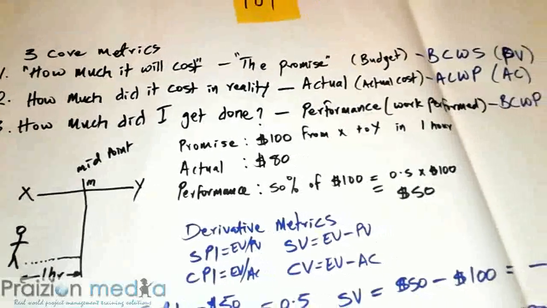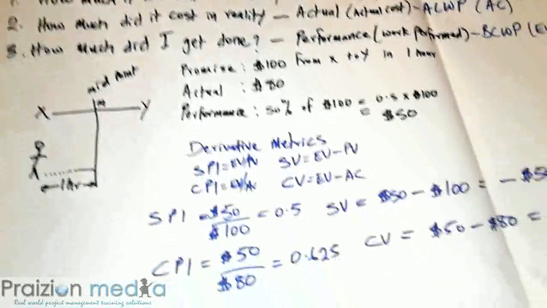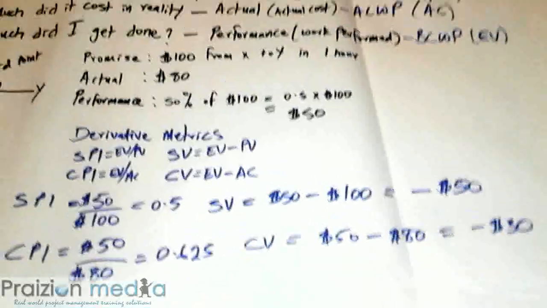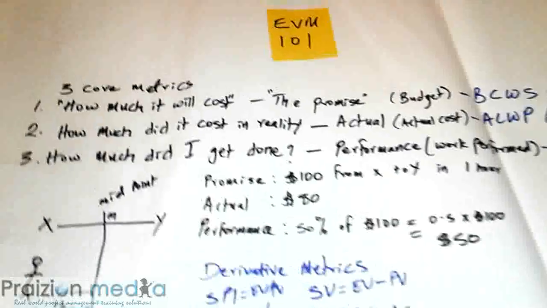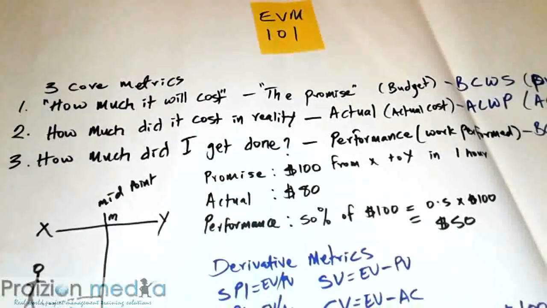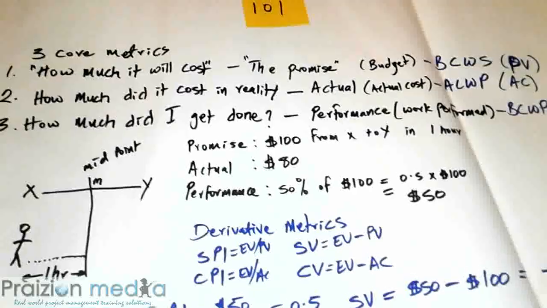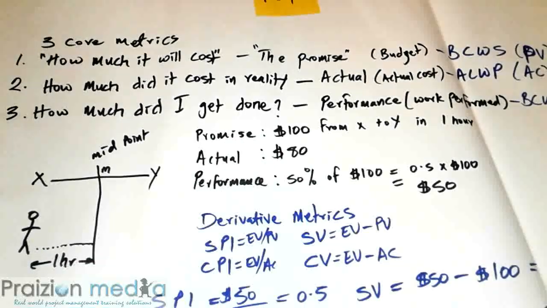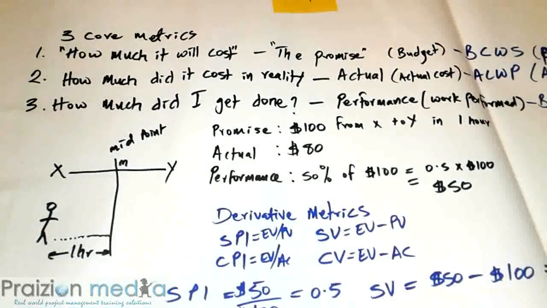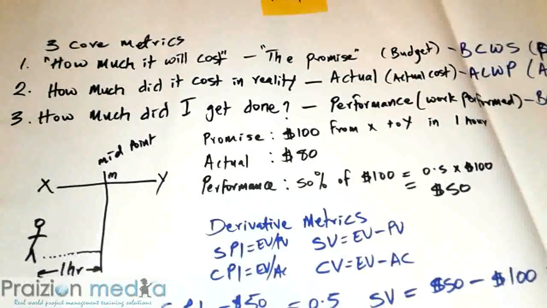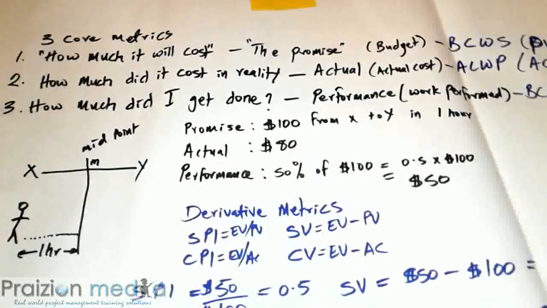If you could get those into your subconscious, understand what they mean, you'll find it a lot easier to tackle earned value management. And that's all for the first of this, I should say, modules on earned value management.